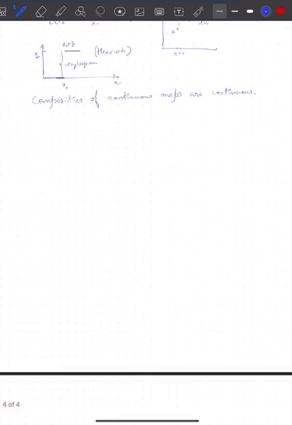Now, in view of the definition of an open set, this is equivalent to the following.